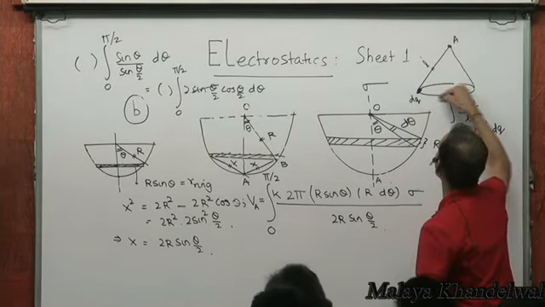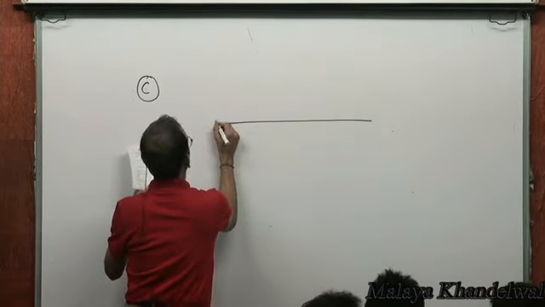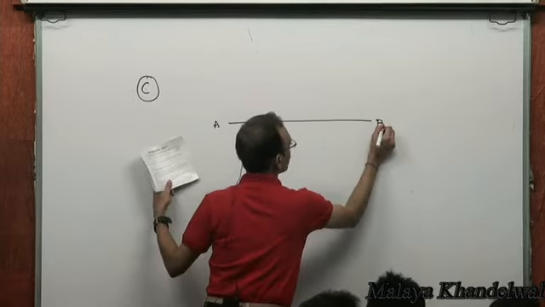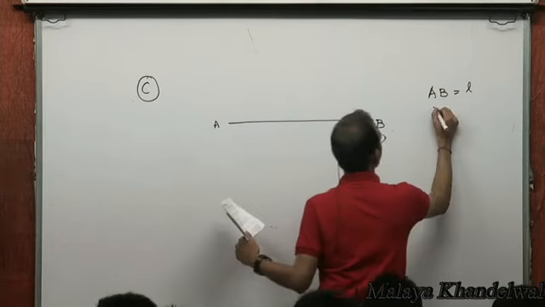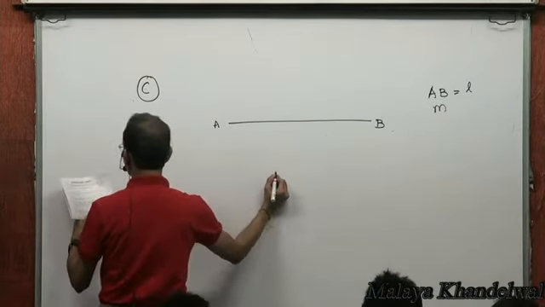Next we have problem C. A rod AB of length L, and of mass M, is positively charged with linear charge density lambda. That means charge per unit length on this rod is lambda.